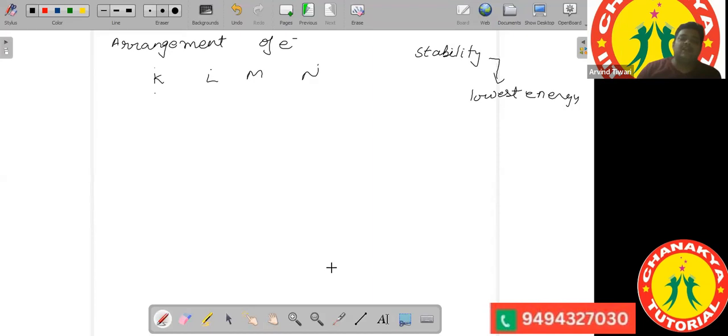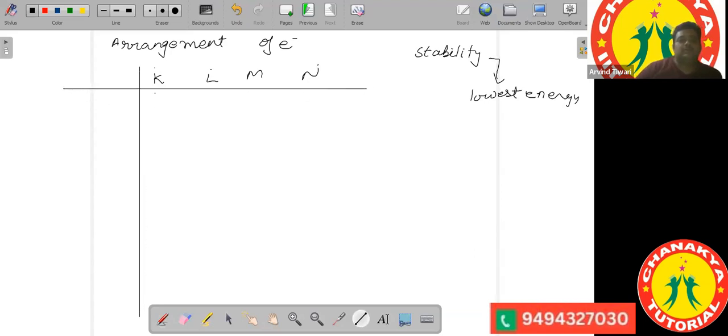So we will be writing the electronic configuration of the elements starting with hydrogen, that is atomic number 1. Here I write the atomic number, and here we write the symbol of the element.